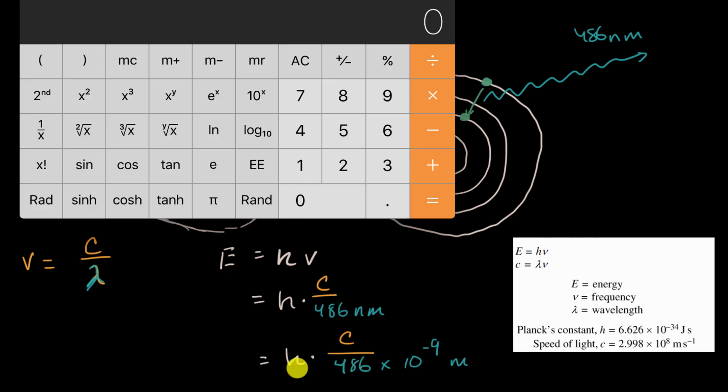I'm going to get Planck's constant, which is 6.626 times 10 to the negative 34th joule seconds. So let me write that down. So times 10 to the negative 34th. And I'm going to multiply that times the speed of light.